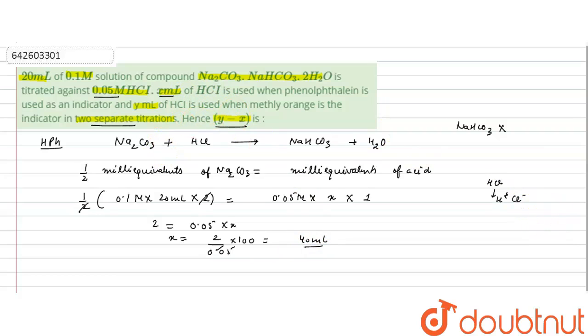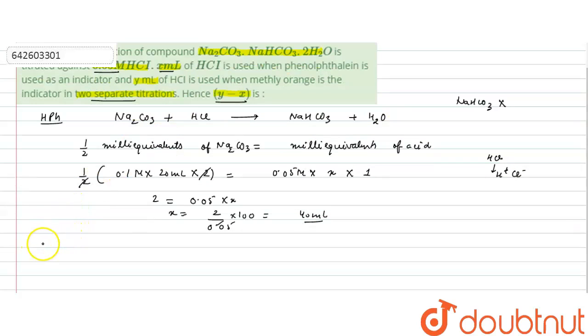Now when methyl orange is used as an indicator, both Na2CO3 and NaHCO3 will react.